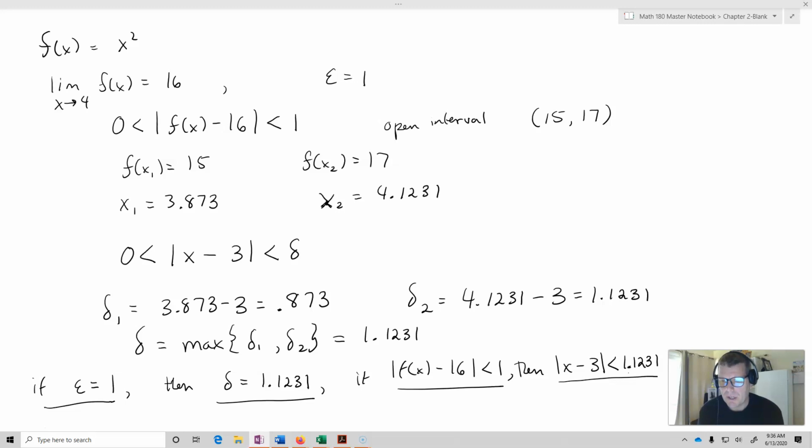So in our next video, I'm going to show you how we use this analytic definition to prove it not just for one epsilon, but for any epsilon that we choose, that there exists a delta such that the absolute value of f of x minus L less than epsilon gives me the absolute value of x minus a less than delta.